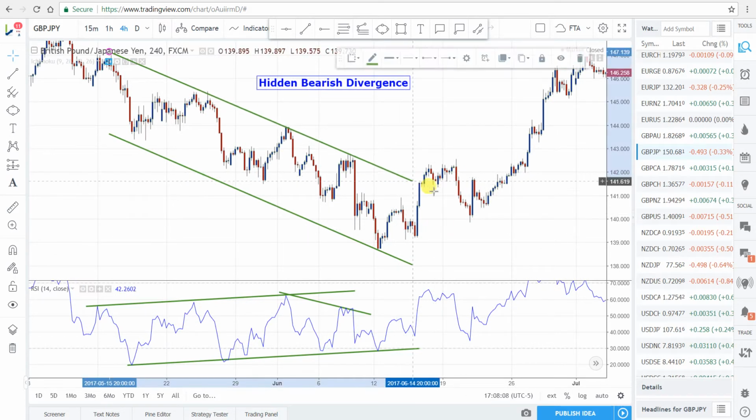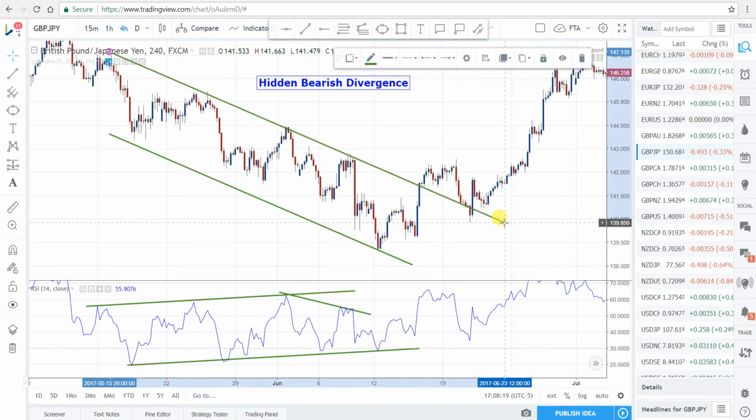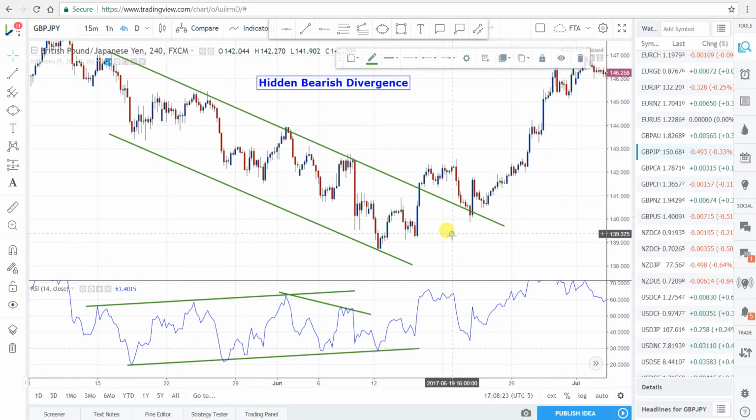Here you can quickly see we've broken a trend line in a bullish divergent market, so that can signal that this is indeed a good change.